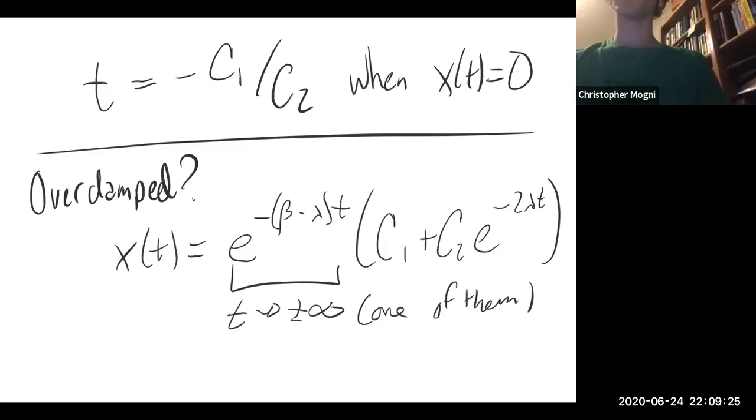So if we set this equal to 0, we can ignore this factor. It's not at some finite time going to give us a 0. We can divide out by it, and we're left with c1 plus c2 times e to the minus 2 lambda t set equal to 0.